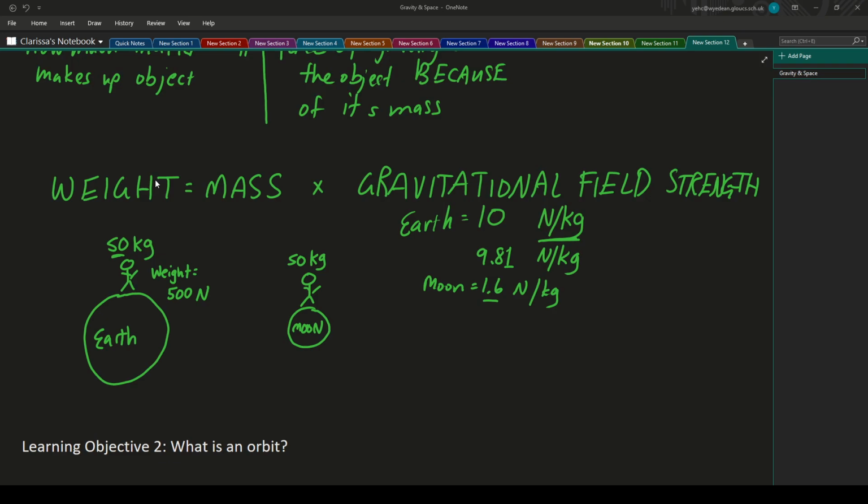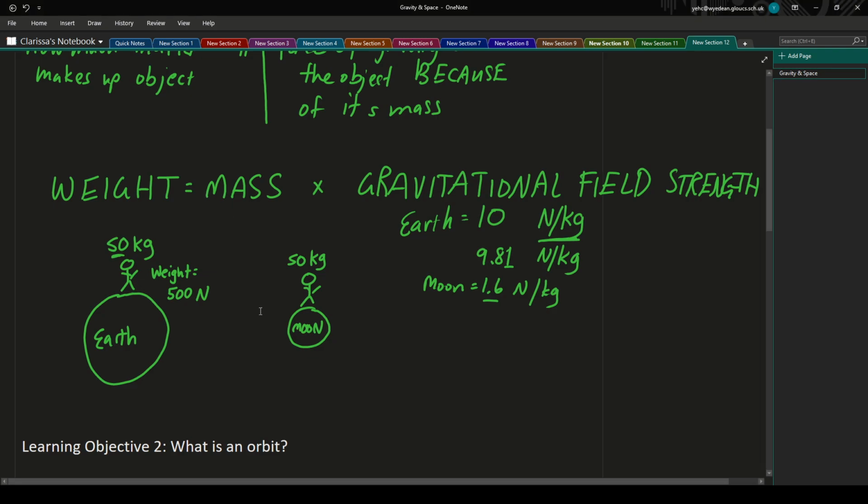So 50 times 1.6. I'm not doing this in my head, by the way. I have a calculator. As much as I want you all to think I'm some sort of mental math whiz, I am not. So I put it into my calculator and got 80. So my weight is 80 newtons.